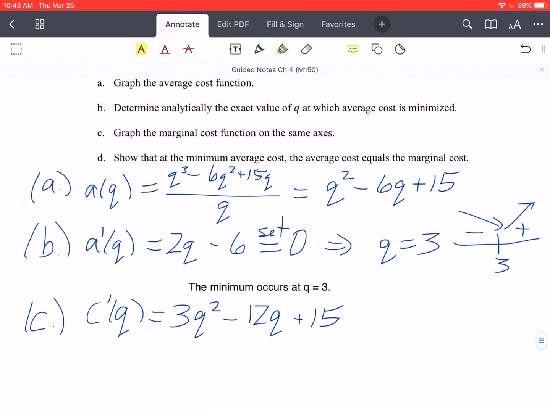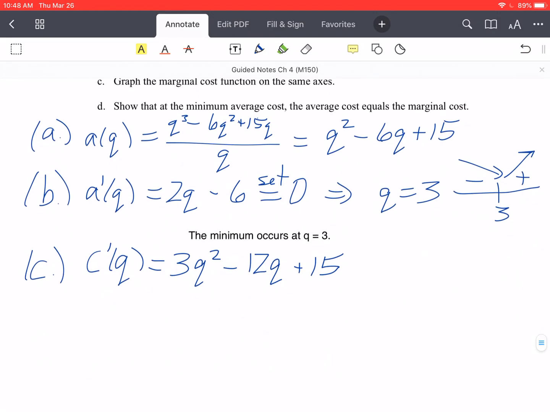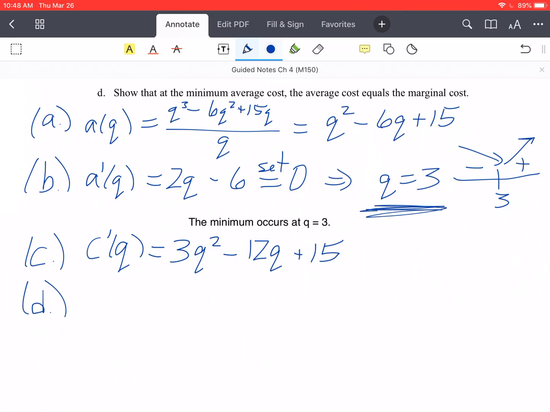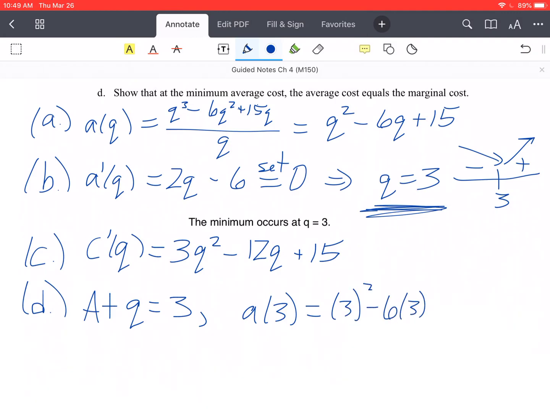But first, let's show that at the minimum, average cost equals marginal cost. So for this one, we're looking at the minimum, so again, at q equals 3. So at q equals 3, the average cost, A of 3, is going to be 3 squared minus 6 times 3 plus 15, which is 6.